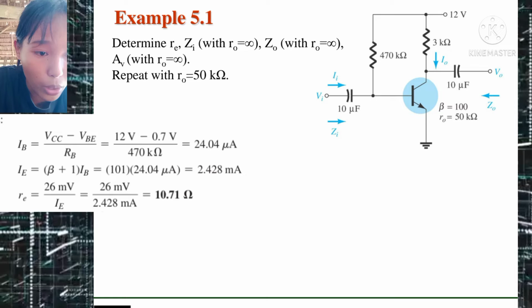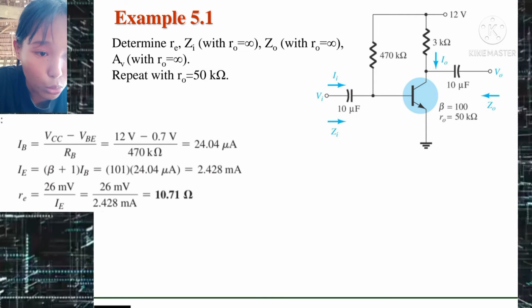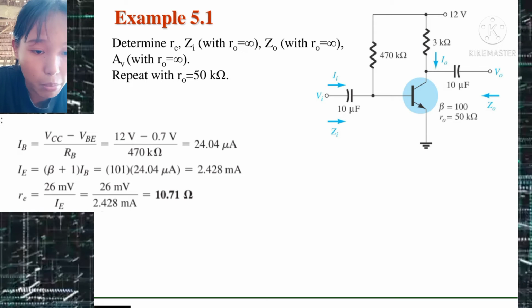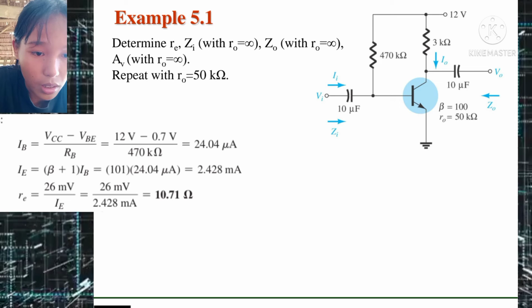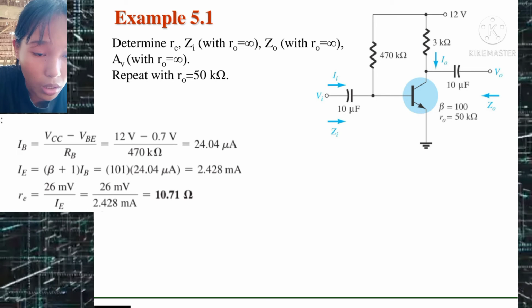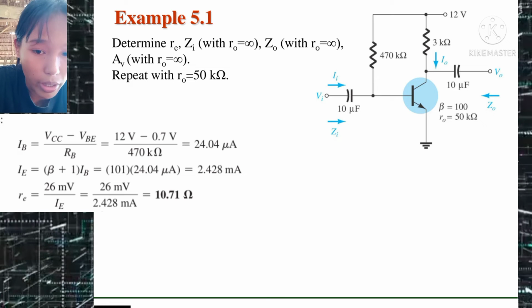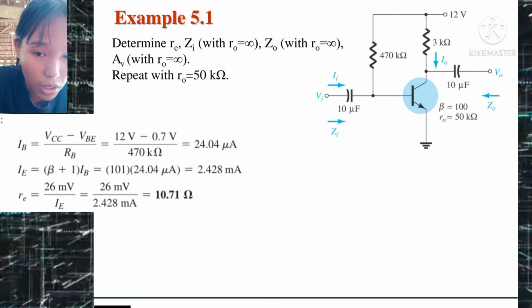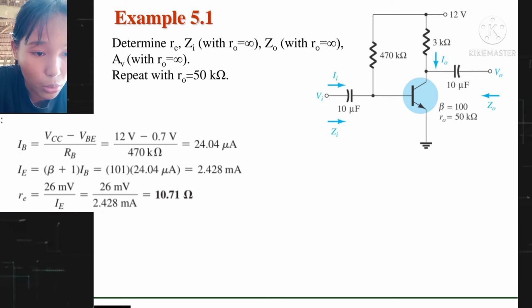So 101 times 24.04 microamperes is equal to 2.428 milliamperes. Now our re is equal to 26 millivolts divided by Ie. By substitution, 26 millivolts divided by 2.428 milliamperes, simplifying, is 10.71 ohms.